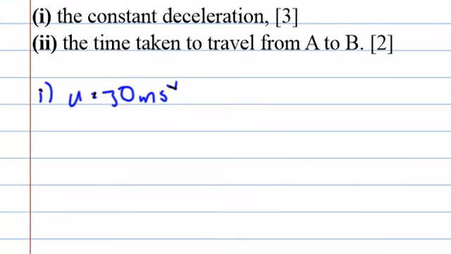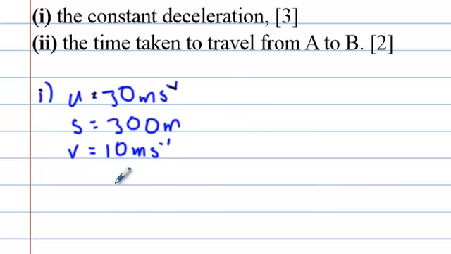The distance covered is 300 meters. The final velocity is 10 meters per second after that change during the journey. So if we look at the values given, we want A, the deceleration.